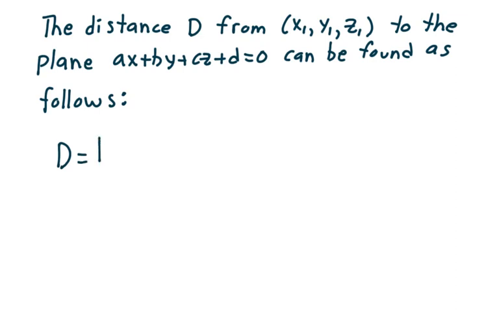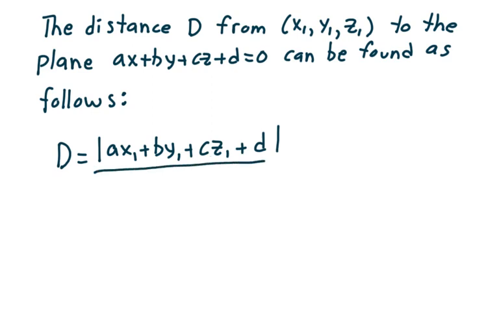D is going to be the absolute value of ax1 plus by1 plus cz1 plus little d divided by the magnitude of n, which ends up being the square root of a squared plus b squared plus c squared.